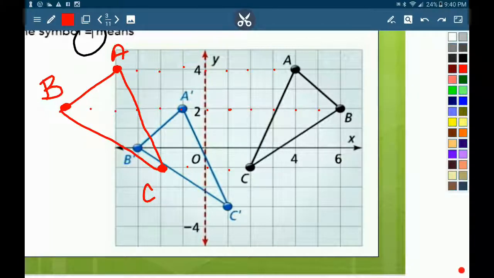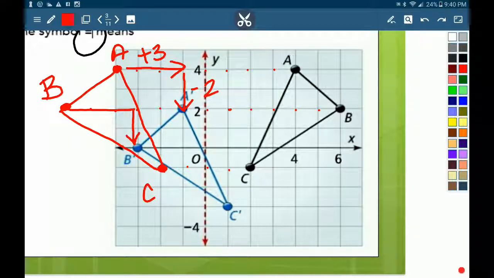And then if we were to translate 3 to the right and 2 down, we would get A on top of A prime, B on top of B prime, and C on top of C prime.